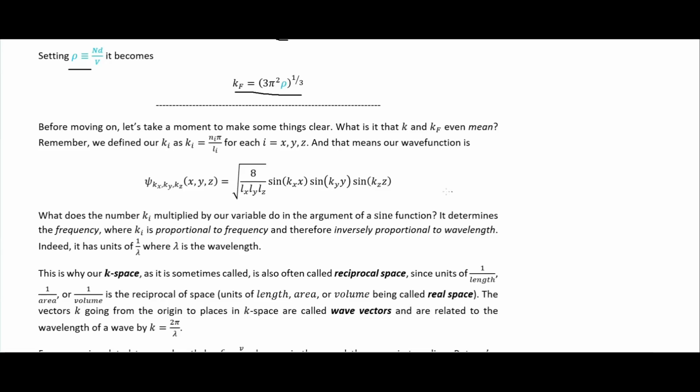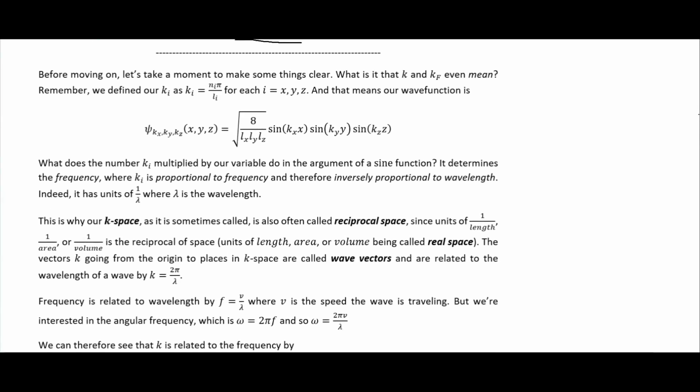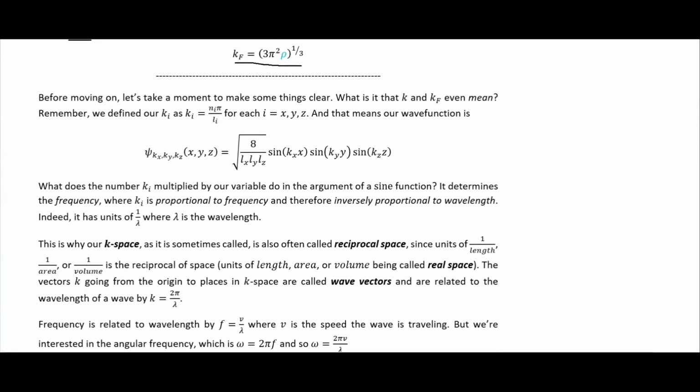And so here I wanted to take a little bit of time to try to get a better understanding of what we're actually doing here, because in the Griffiths book he seems to assume that you already understand what all this k-space stuff is, and he doesn't really go into time explaining it.